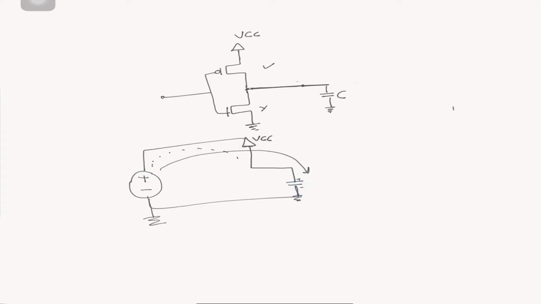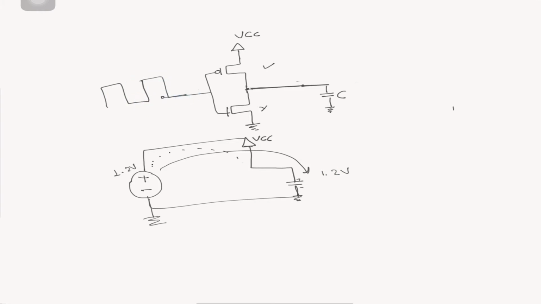Eventually our capacitor is charged, let's say, to 1.2 volt. Now, the input signal, which was here, was 1 0 1, right?